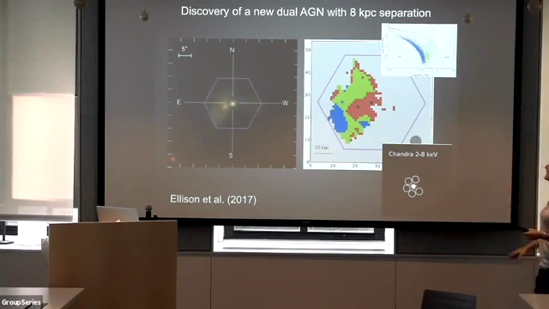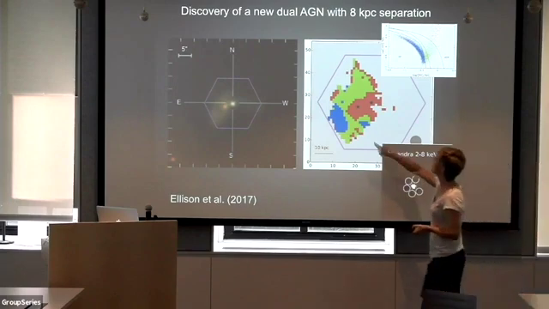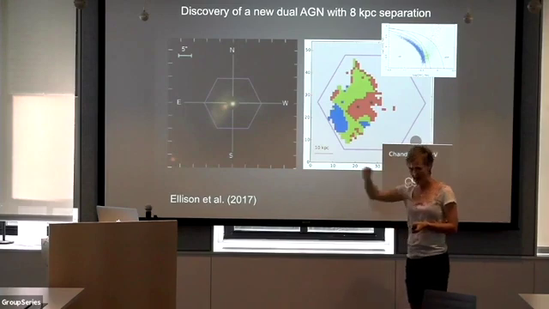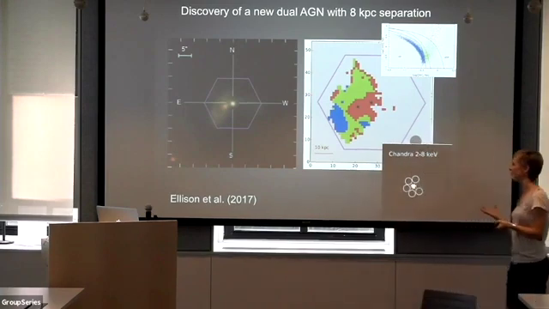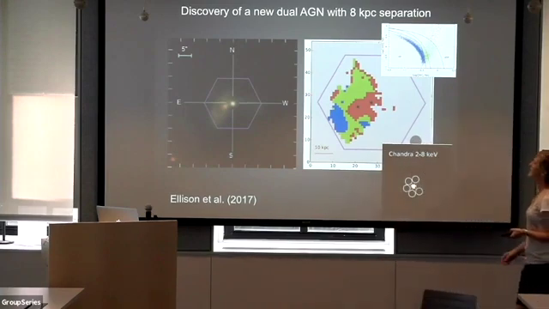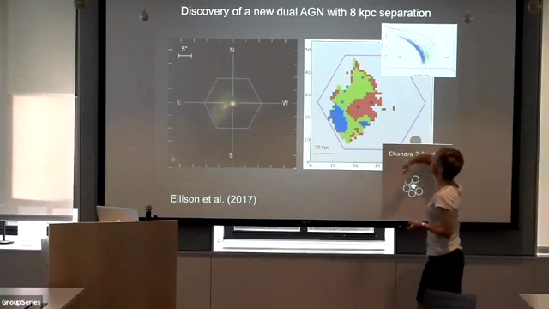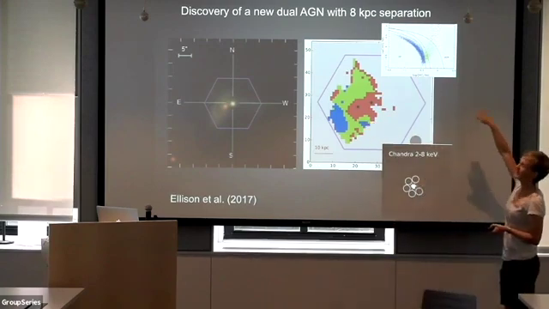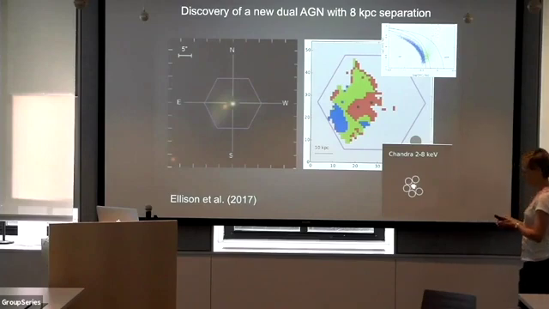And then what we did was we took the MaNGA map. So each of these pixels is a spectrum. So we call these spectral pixels spaxels. And we color-coded them by where they lie on this BPT selection diagram.